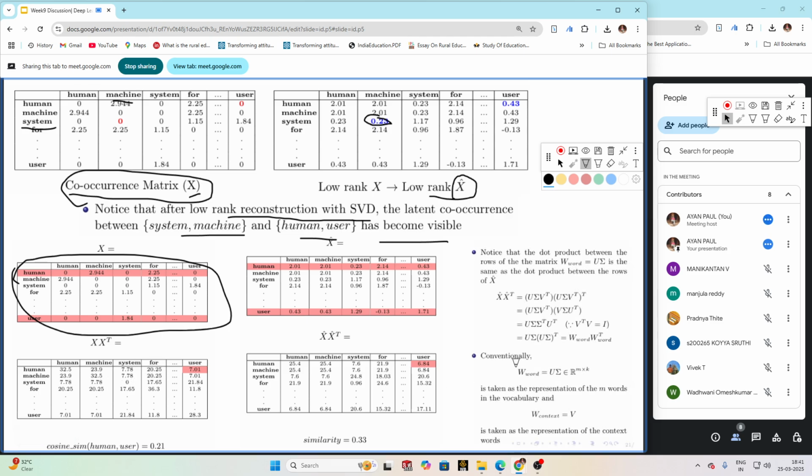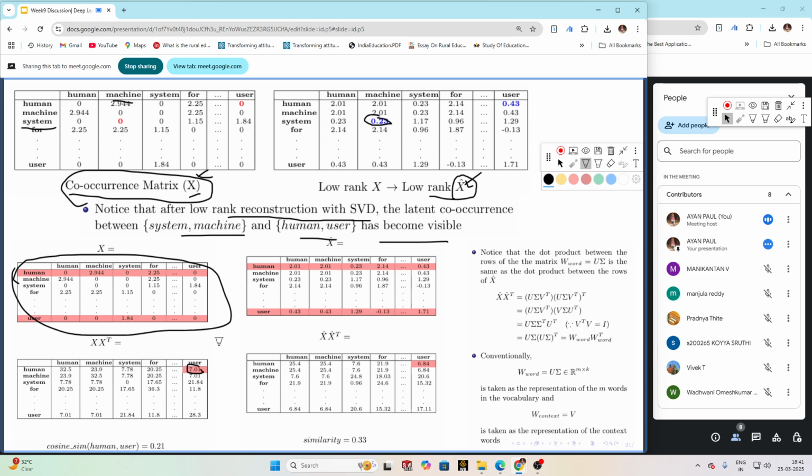Now when you have applied this SVD, previously this was the cosine similarity, but now after this lower rank, earlier our matrix was X, now our matrix is X bar. Whenever we take the cosine similarity of X bar, you can see earlier the human and user cosine similarity was 0.21.